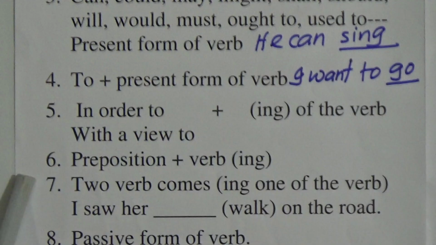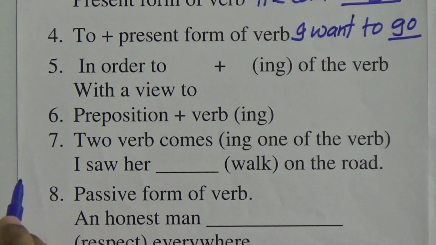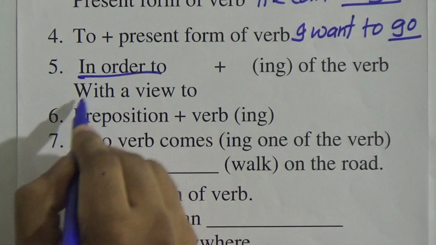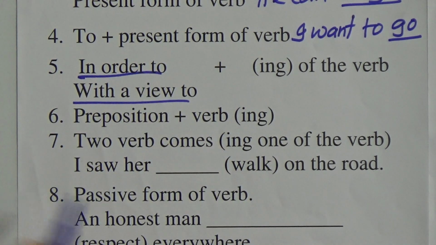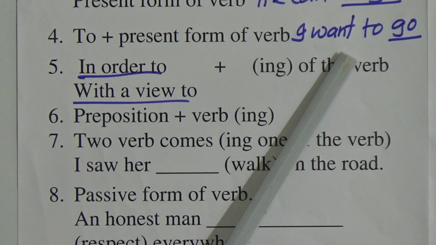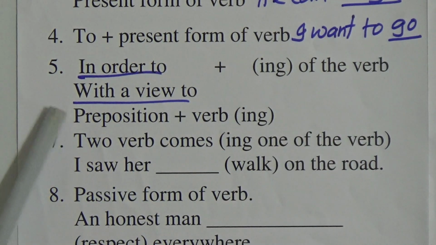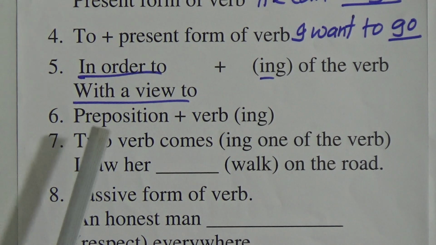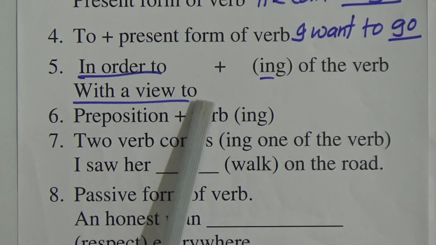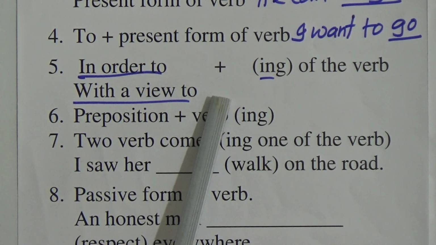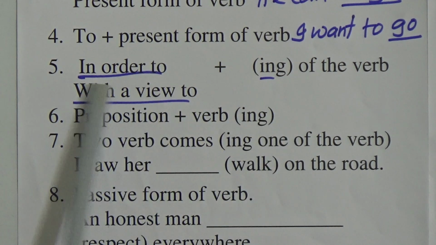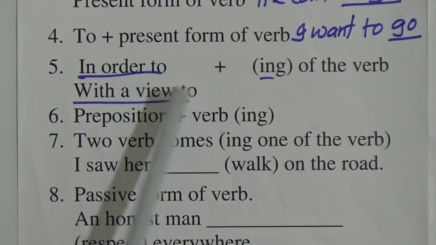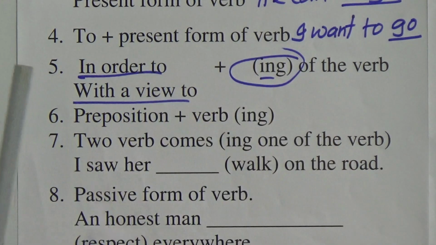Number 5, but if these two phrases come, in order to, with a view to. You know, after to we will use the base form of the verb, but if these two phrases come, in order to, with a view to, we will have to add ing to the verb. Okay, if I say I read book with a view to gaining knowledge, so after in order to, with a view to, we will add ing to the verb.